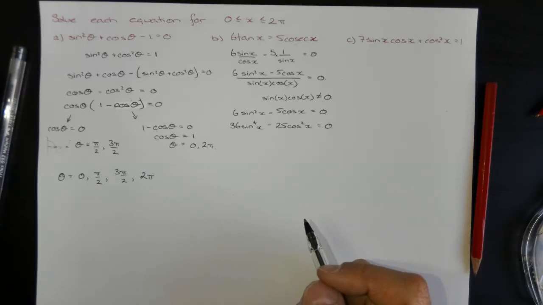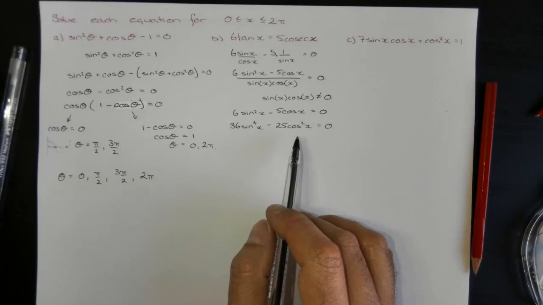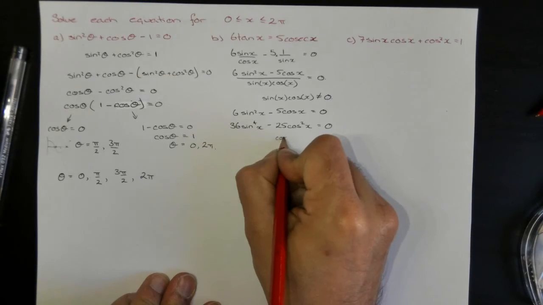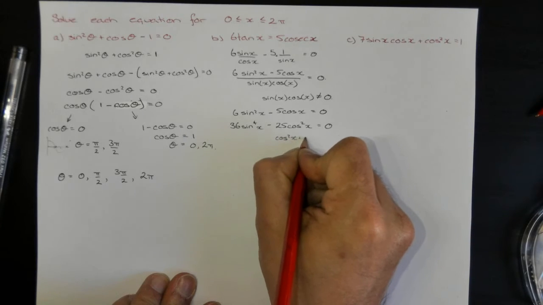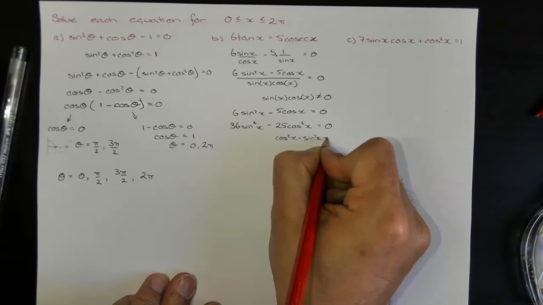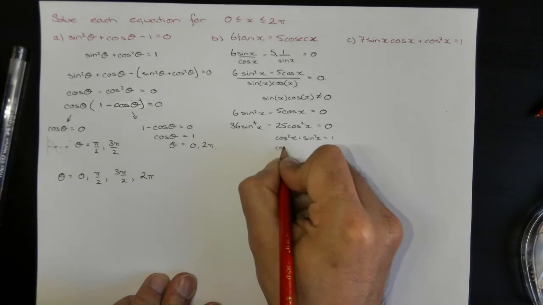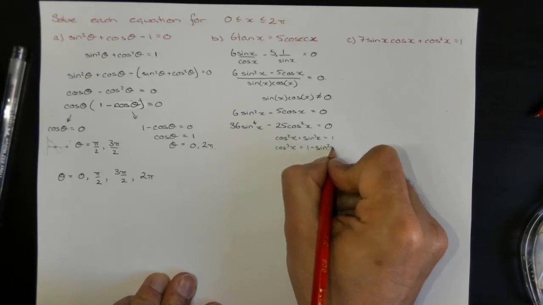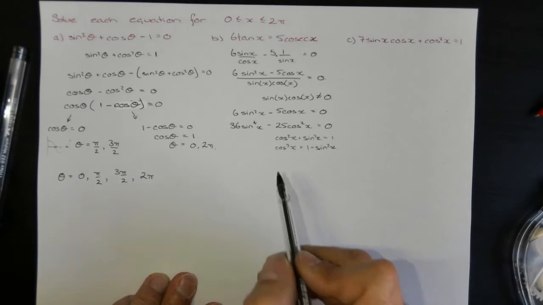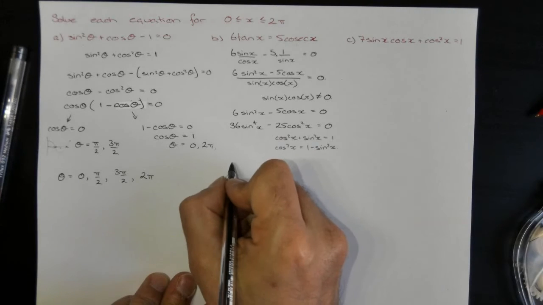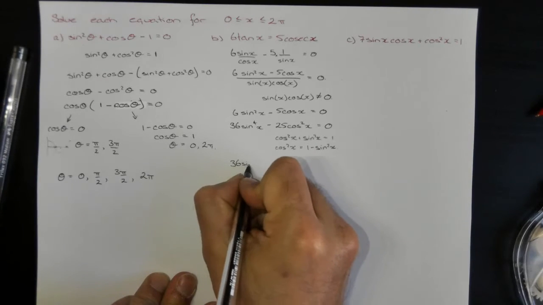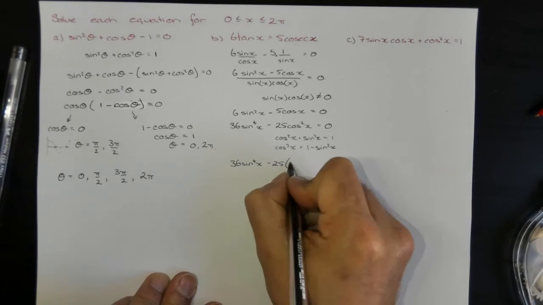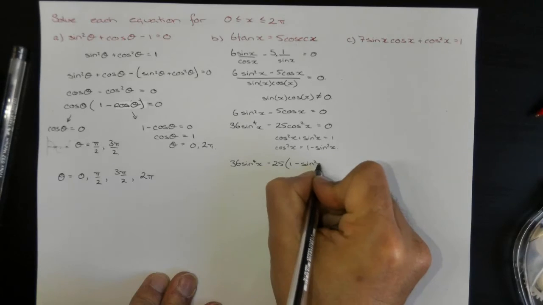Unfortunately, there's still sines and we've got coses, but knowing that cos squared x plus sine squared x equals 1, cos squared x would be the same as 1 minus sine squared x. So I'm going to replace this for that. So we're going to have 36 sine to the fourth x minus 25 lots of 1 minus sine squared x, and that equals 0.